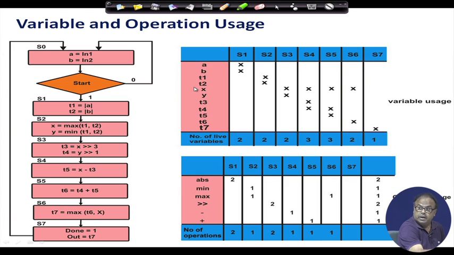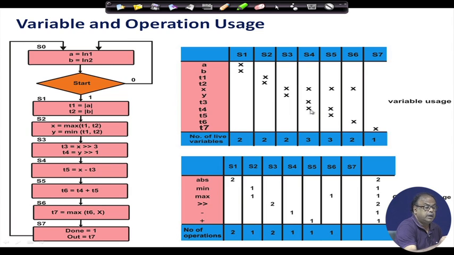Similarly, in state S4 I have x live, and I have T3 live. Why? T3 started from state S3 and is being used up to S4, so that is also live. What about T4?